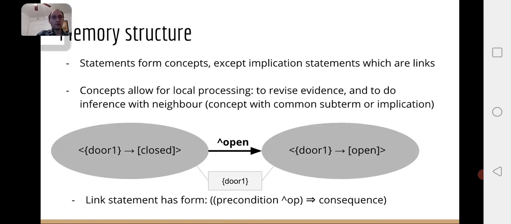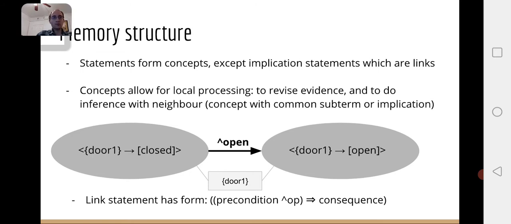If we look at the memory structure, essentially statements form concepts, except for implication statements, which are actually links between nodes. Those nodes allow for a local form of processing.